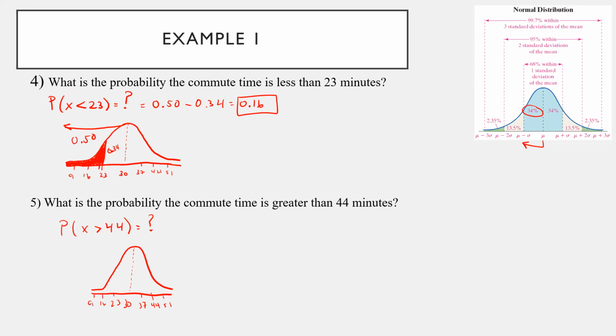And you want to go to 44. And you want to be greater than 44. Does anybody have a suggestion on how to tackle this one now?